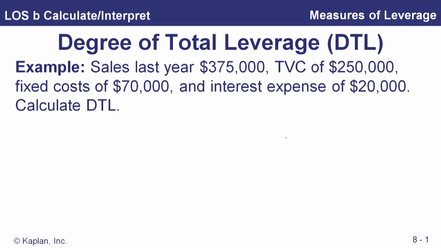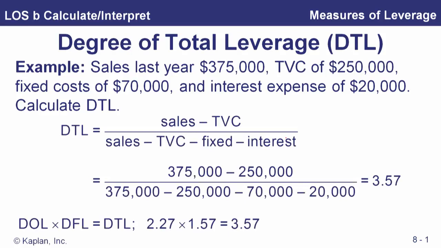The calculation's quite straightforward. In our numerator, we're going to have sales minus total variable costs, and in our denominator, sales minus total variable costs, minus our fixed operating cost, minus our fixed financing cost, and we get a degree of total leverage, the ratio of the change in earnings per share to the change in sales, of 3.57.